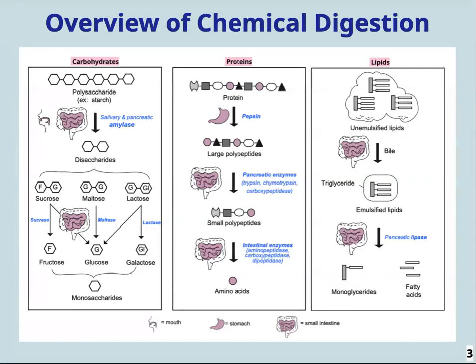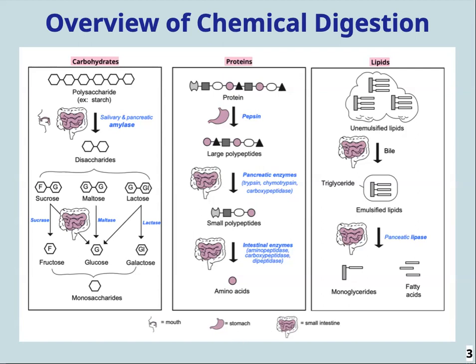Chemical digestion is a term used to refer to the process of breaking down these larger macromolecules, breaking down the chemical bonds within them with the aid of chemicals, that is acids and enzymes. So we use acids and enzymes to break larger molecules into smaller molecules.